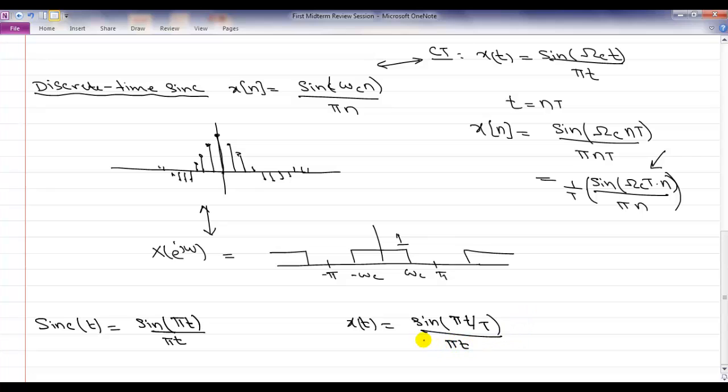So I can just multiply and divide by a capital T in the denominator. Right? So what do I get?